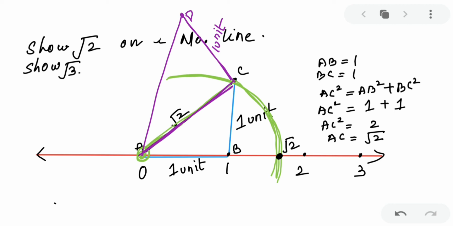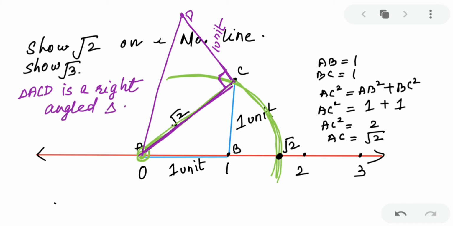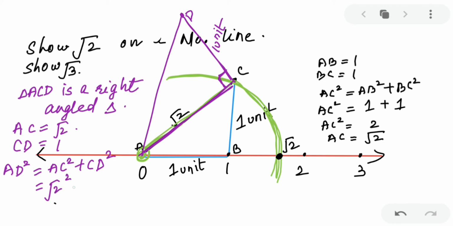Now my dear kids, as again this is 90 degrees, ACD is a right angle triangle. Correct? In the right angle triangle, if AC is given to you as root 2 and CD is given as 1 unit, then can I say that AD square will be equal to AC square plus CD square?